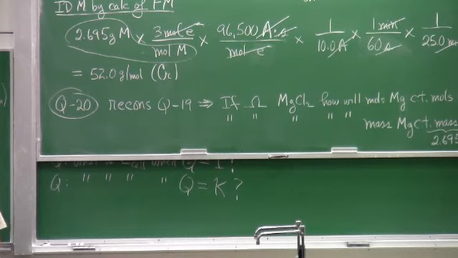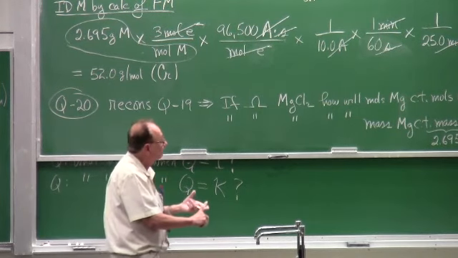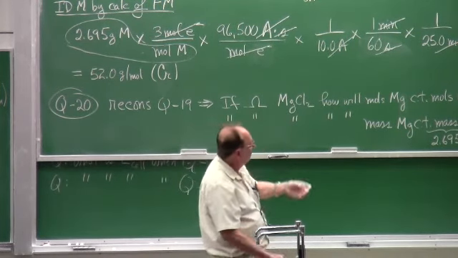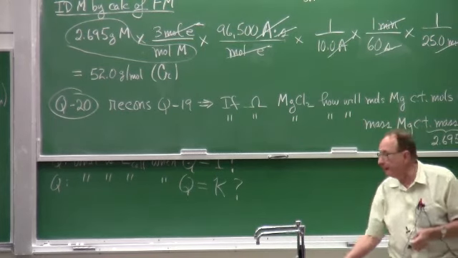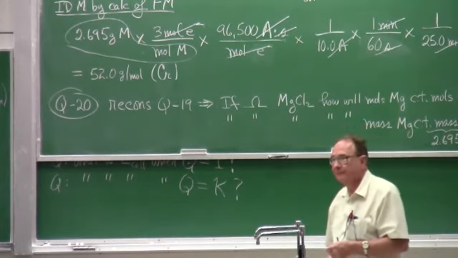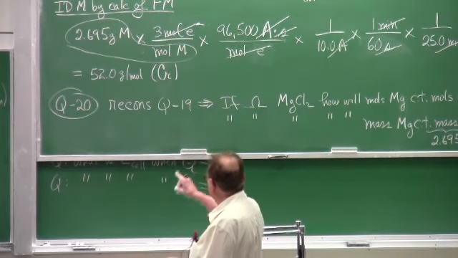If we electrolyze molten magnesium chloride with the same current for the same duration of time, 25 minutes, 10 amp current, how many moles of magnesium will we make relative to moles of chromium which we produced?